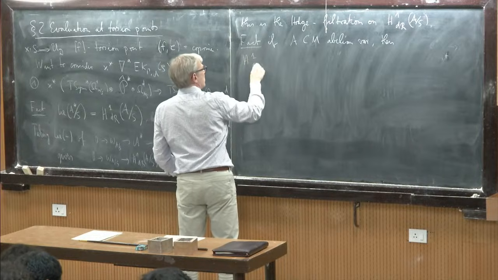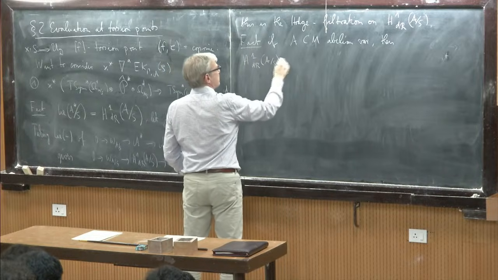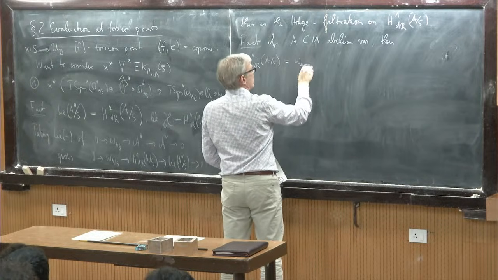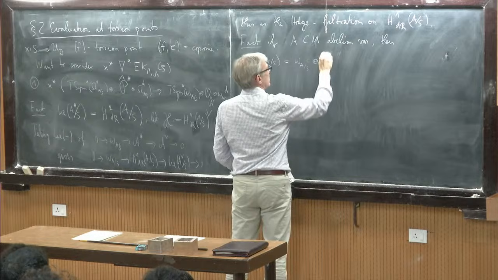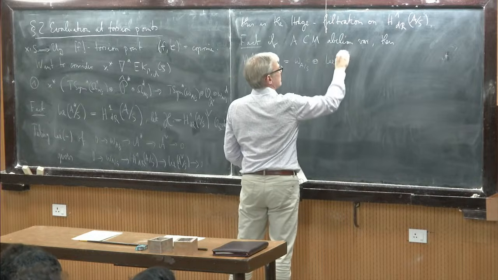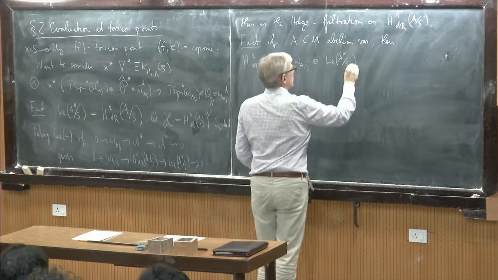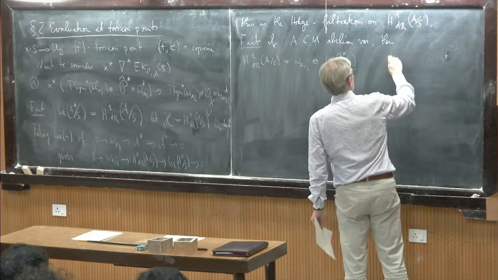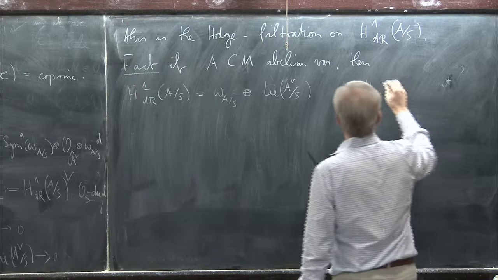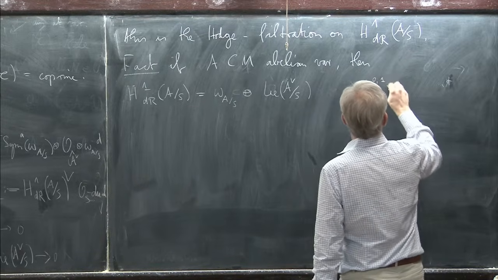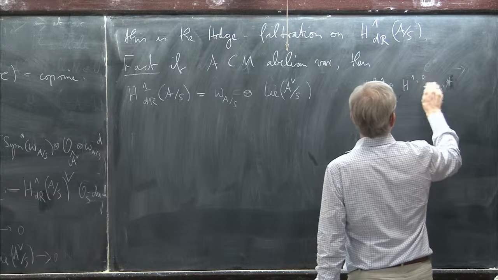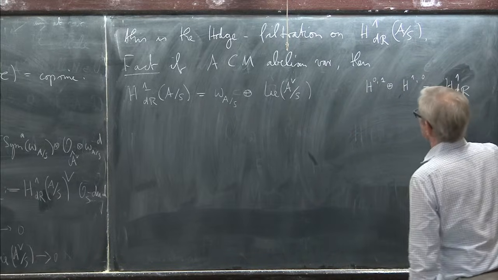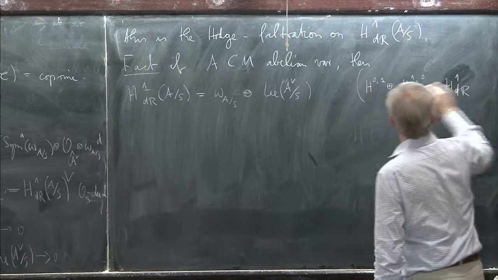The de Rham cohomology splits into omega_{A/S} direct sum Lie A dual over S. This is like the H^{0,1} plus H^{1,0} decomposition of the H^1 de Rham, some form of the Hodge decomposition.